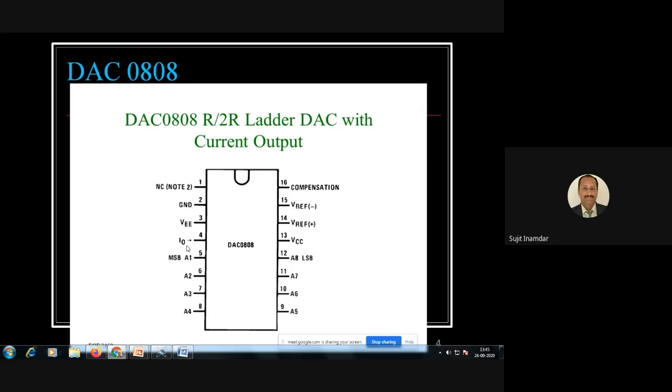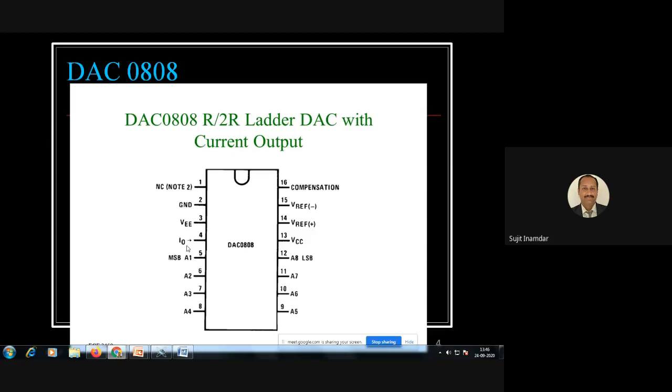The compensation terminal is used for setting the resolution, or for the noise which gets added while the conversion is going on. For that, plus or minus 1 volt or 0.1 volt accuracy is adjusted, so this compensation terminal is given for that decision.